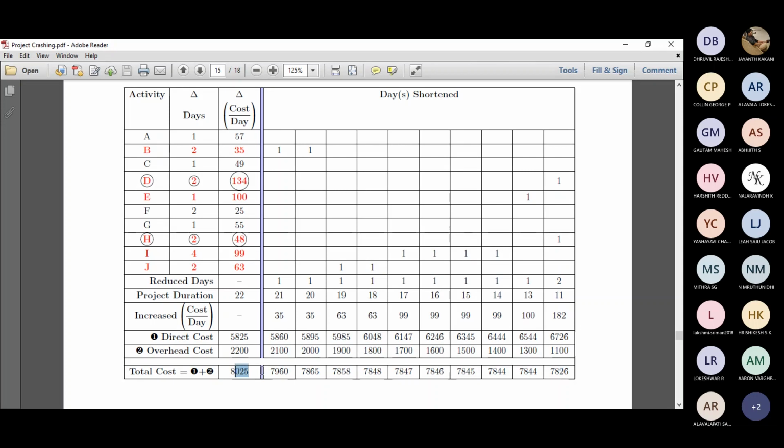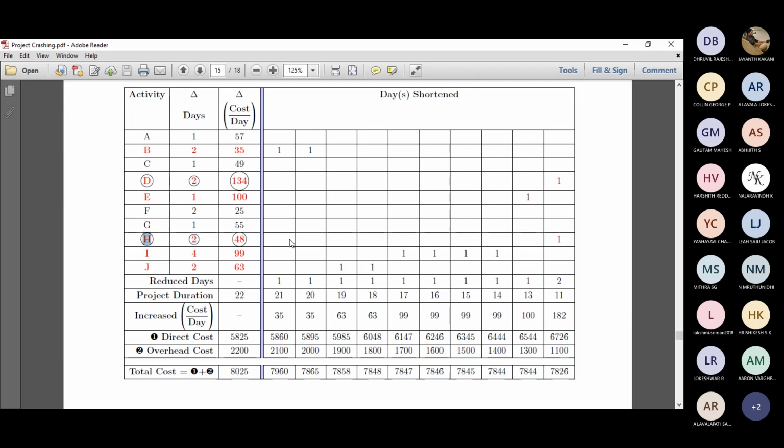But still, if you see, the pattern is decreasing, the total cost is decreasing, and the project duration is also decreasing. So at one point, the project duration keeps decreasing, but the final total cost gets increased. So that point is our optimal point. So far we have not achieved that. Let's take a look: we have reduced D by 1 day and H by 1 day.